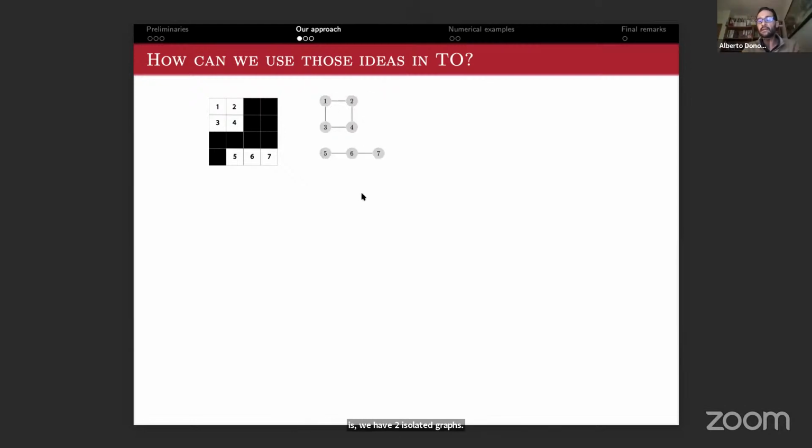If we now compute the first eigenvalues of the Laplacian matrix associated with these two graphs, we have the following. The first and the second eigenvalues are null because we have two isolated graphs associated with the void phase, but not the third one. So we can state that if a structure has an enclosed hole, the void phase is not connected.